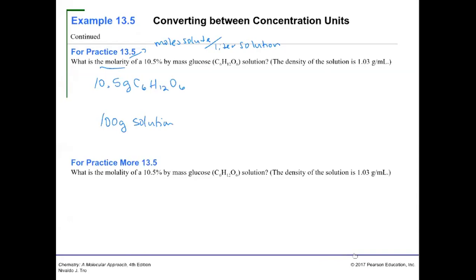So on top, we need to turn these grams into moles. So we have 1 mole of our solute. And this is where we will use the periodic table to add up all those masses. Comes to 100 grams. So those grams cancel. And we get moles.